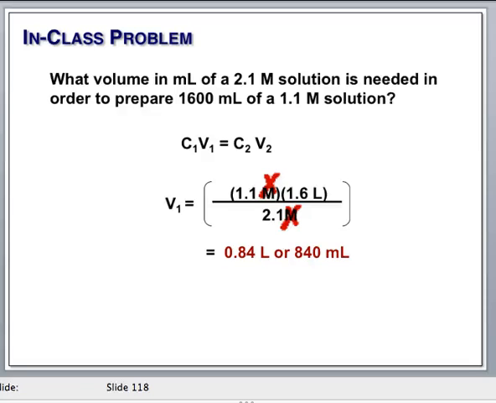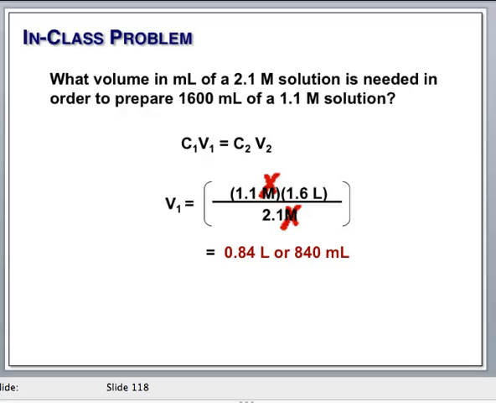That's 840 milliliters. So what you would do in lab is take 840 mL of your stock solution and dilute it to a final volume of 1,600 mL. Any questions?